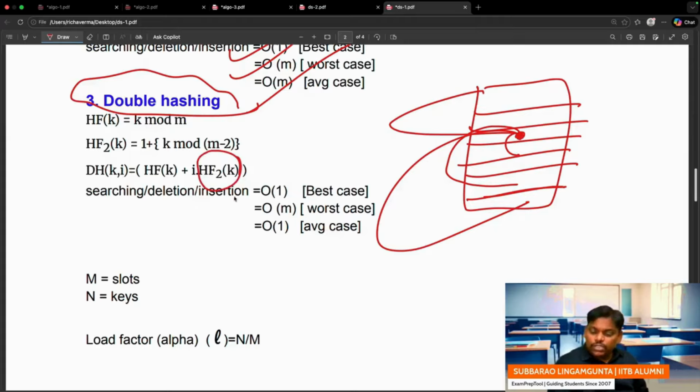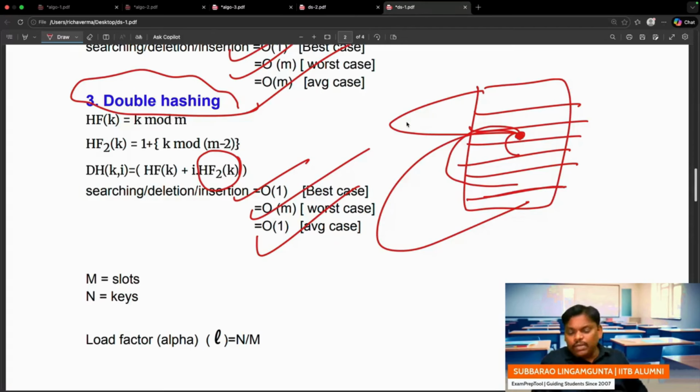This is also the same, but because you are using two hash functions, the average case becomes order of 1. Previously, there was only one hash function, and one hash function may sometimes give a collision. Worst case, the first hash function may give one, but the second may not.